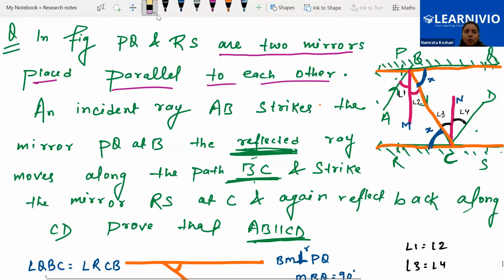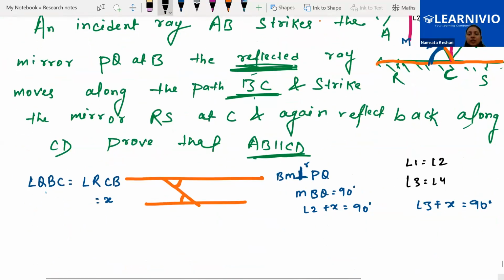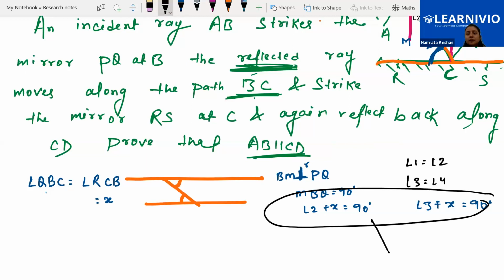Now we already wrote in the beginning that angle 1 and angle 2 are the same, angle of incidence, angle of reflection. We have also written angle 3 and 4 are the same. Now from these two, we got that angle 2 and angle 3 are the same. But we know 1 and 2 are also the same, and 3 and 4 are also the same.